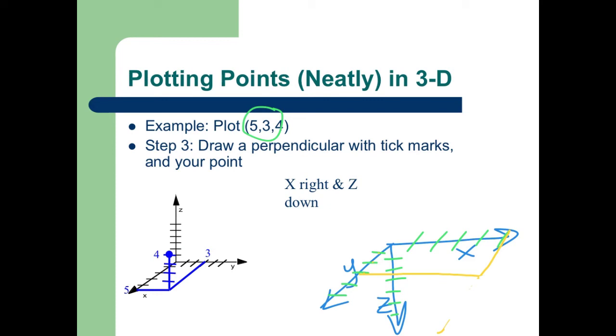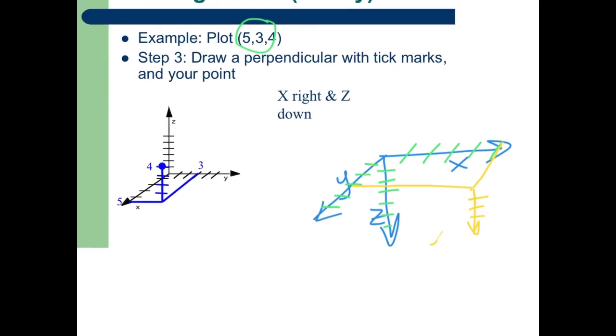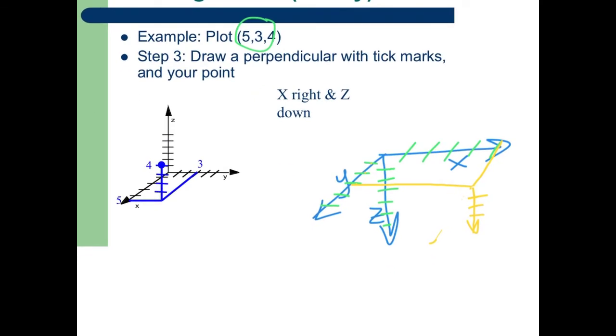And now we need to do the 4, and it's positive 4 along the z-axis. So we have to draw our perpendicular in the positive z direction. And we'll go 1, 2, 3, 4. Let's actually just move everything up a little bit so you can see it. My 4th tick didn't actually make it in there, but there's my 4th tick. So I'm going to do a big blob there.